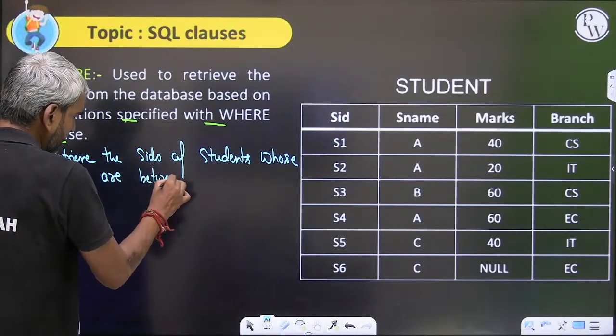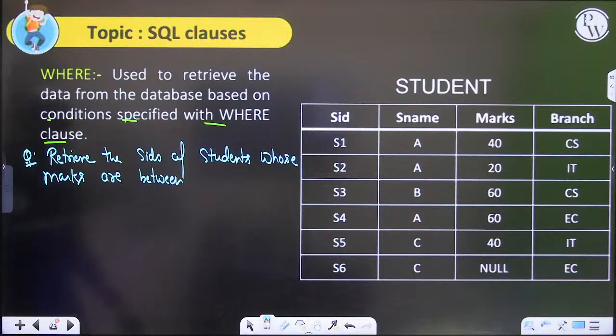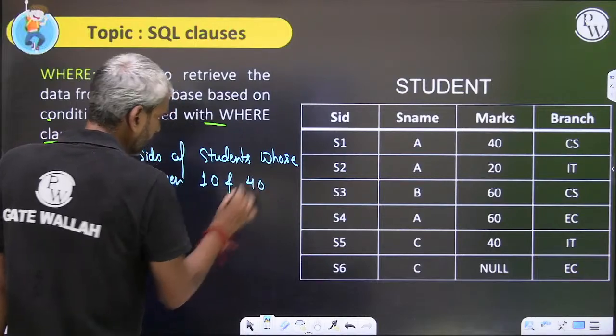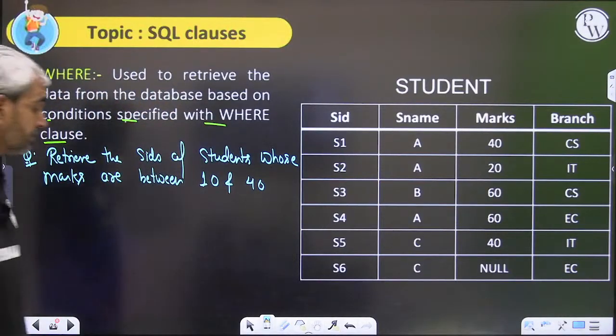I'll also explain the operation between, where the marks are between 10 and 40. The marks are between 10 and 40.